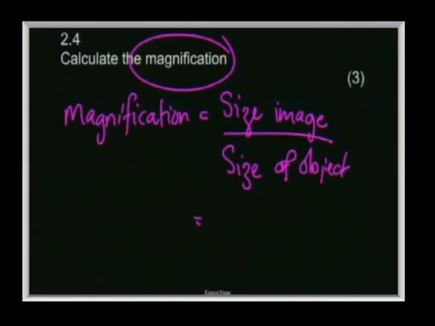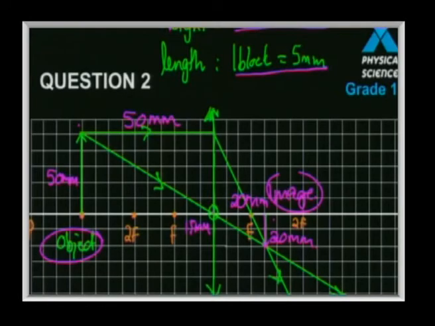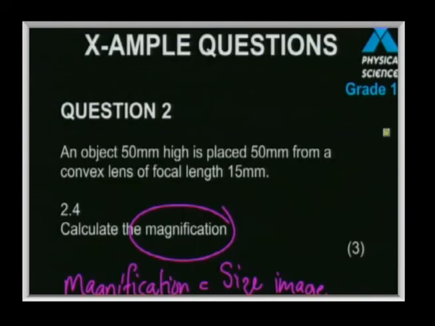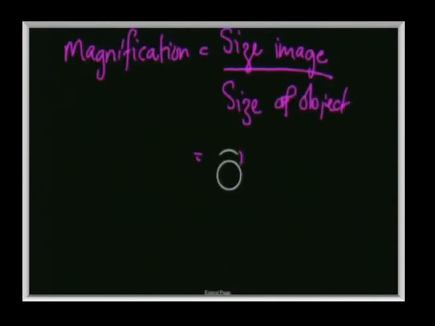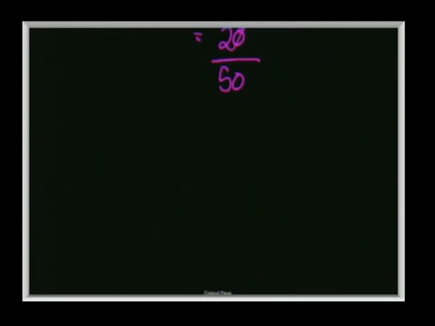That was 10 millimeters. Let me just double check. I don't want to give you the wrong information. 20 millimeters. So you get that from your measurement, and the size of your object was given to us as 50 millimeters. Now, do a quick ratio over there, cancel out the zeros, 2 over 5, and that is going to give you a magnification of 0,4.